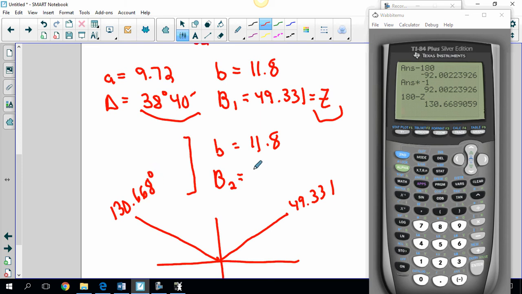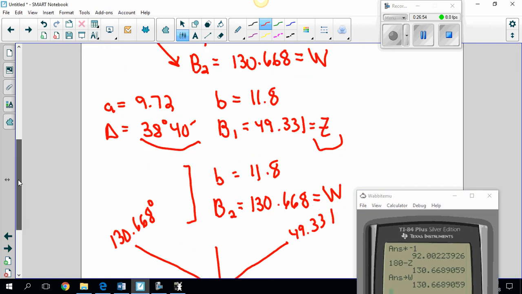And that's our B2. And I'm going to stow that in W. Stow alpha W.